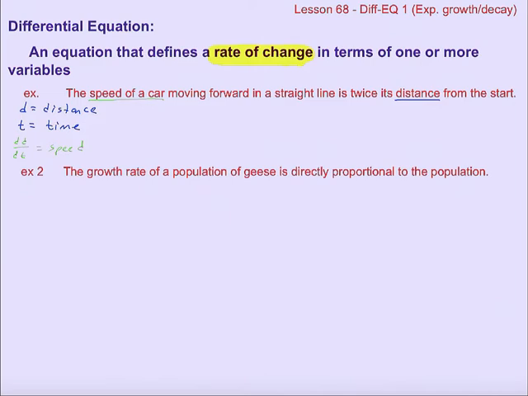Now, I understand that we talked a lot about speed and velocity, and there's other things to think about there, but we're not going to worry about that right now. We're just going to translate this sentence, the speed of the car moving forward. We'll call that dD/dt is twice its distance from the start. dD/dt equals 2D. That is an example of a differential equation.